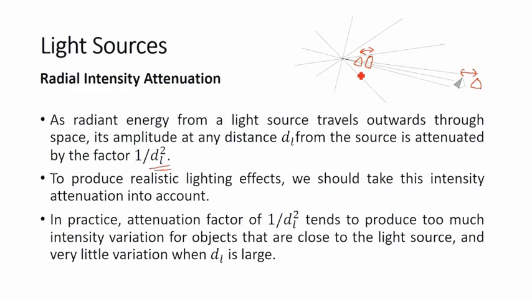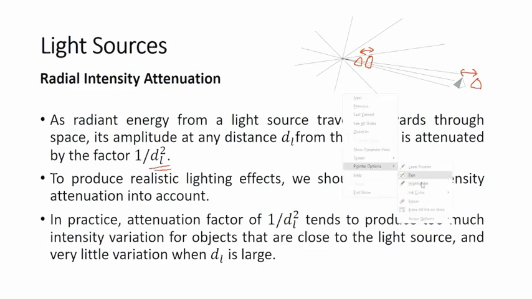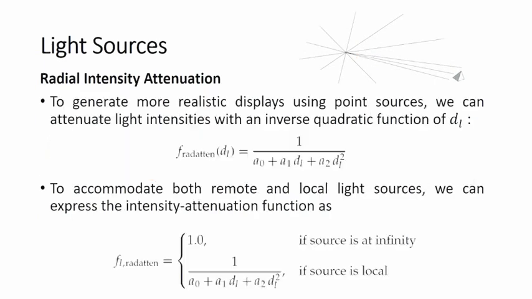So to overcome that, we will try to model this attenuation as a function of an inverse quadratic function, right, with respect to dl. So let us say we take this quadratic equation a0 plus a1 dl plus a2 dl squared, where these factors are radial attenuation factors.